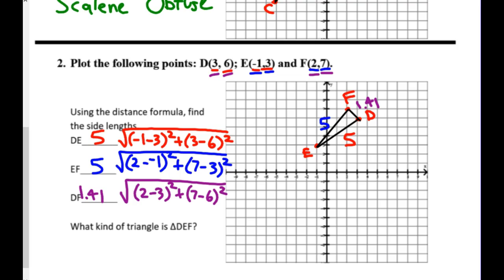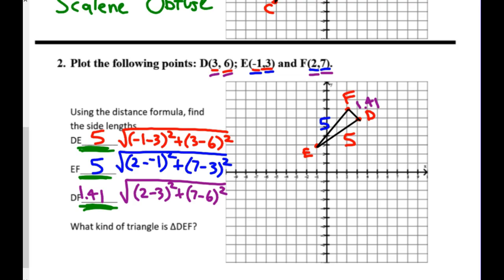Now after doing all that, we gotta say what kind of triangle it is. We have to classify it. So, looking at these side lengths, what do I know about these side lengths? What's equal? 5 and 5. So two side lengths are congruent, or two side lengths are equal, two sides are congruent.